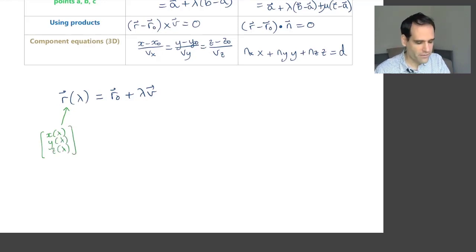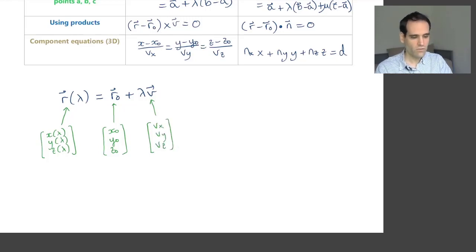Then vector r0, which as you know is any point on the line, you can write as its coordinates, x0, y0, z0. And then vector v, which is any vector that is parallel to the line, you can also write in terms of its coordinates, vx, vy, and vz.